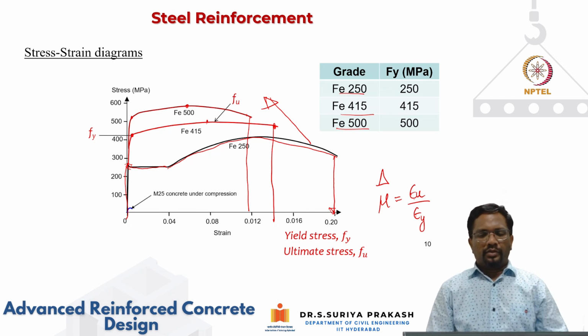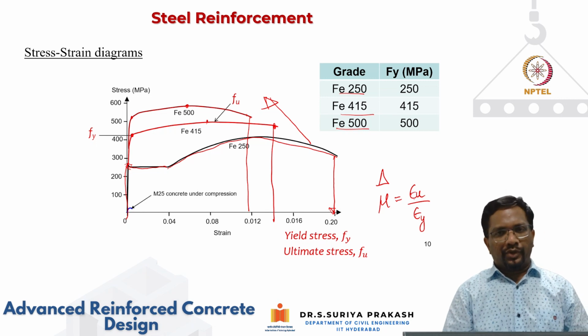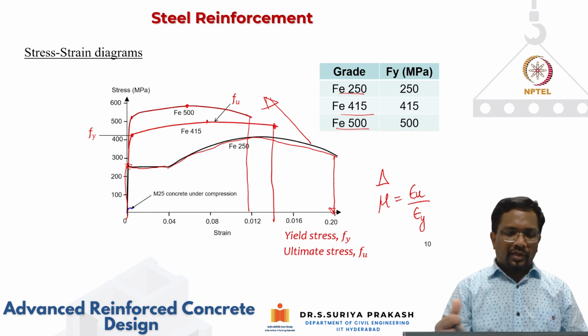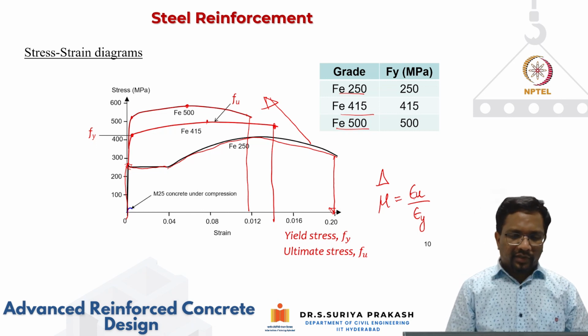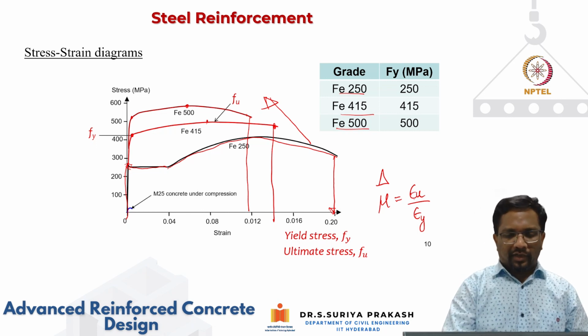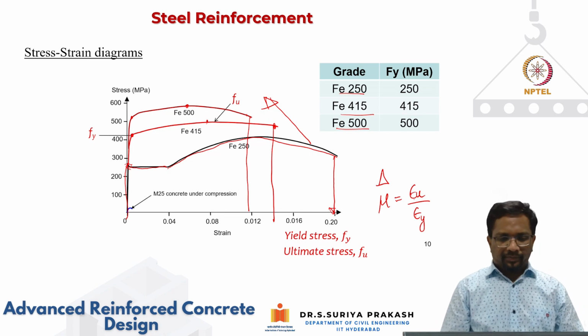So this is the strain. The ultimate strain is going to reduce with increase in grade of steel. That is a point we have to consider. The higher the strength, the lesser will be the ductility offered by the steel.